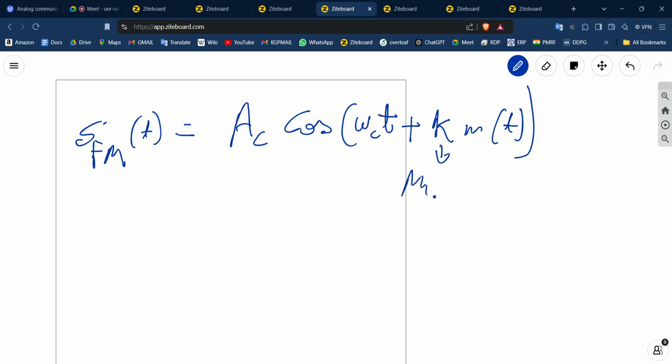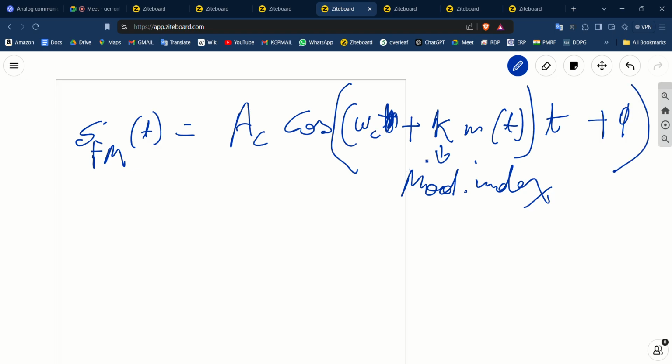This is for phase modulation, and the same applies for frequency modulation also. So let's do it for frequency modulation only to avoid confusion. So this is FM.